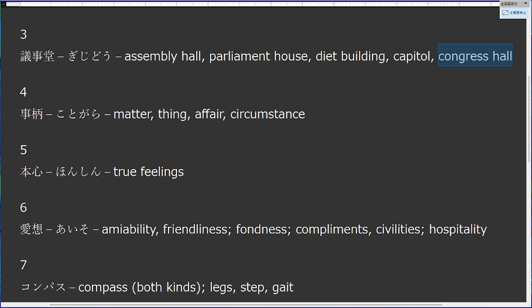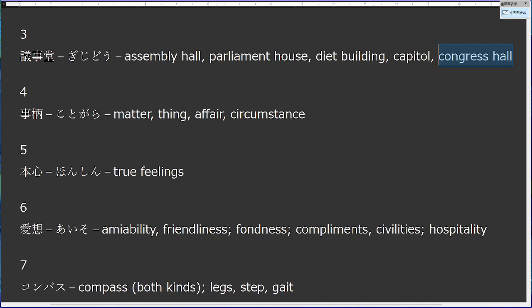Gijido is an assembly hall or a debate thing hall. A hall for debating things is an assembly hall or a gijido.